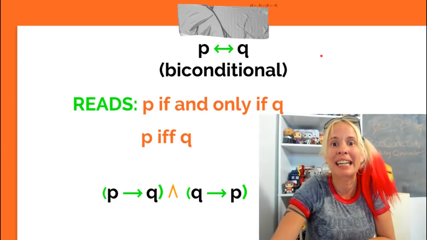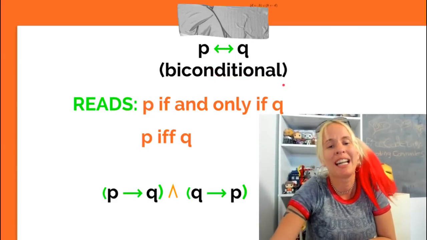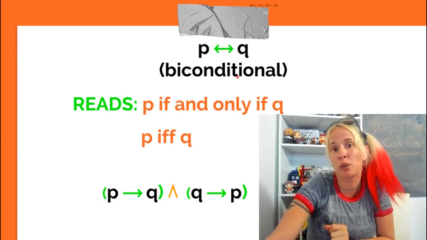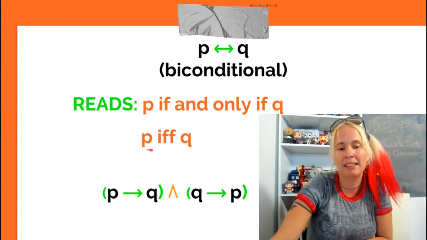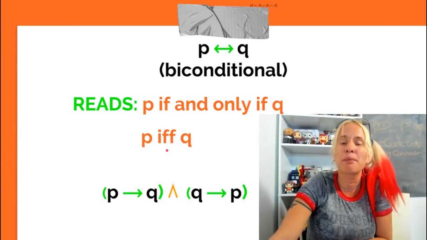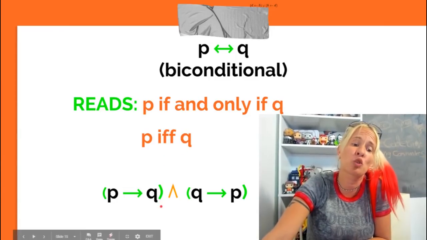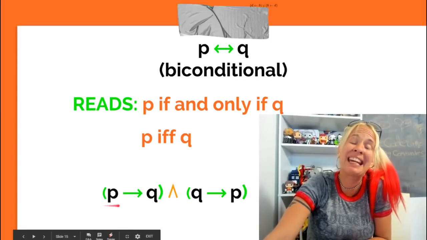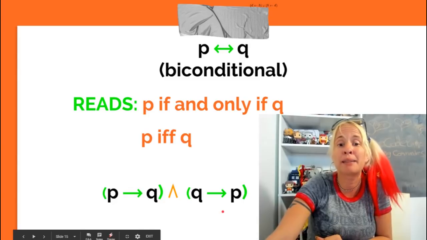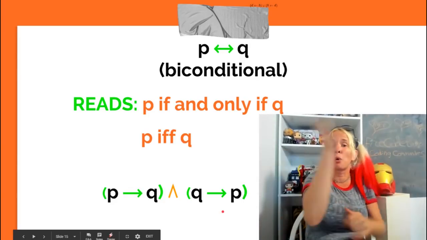Now let's look at biconditional. That reads P if and only if Q. Another way to write that is the if with two F's. And this statement is going to have the same truth value as P implies Q and Q implies P, saying it goes in both directions.